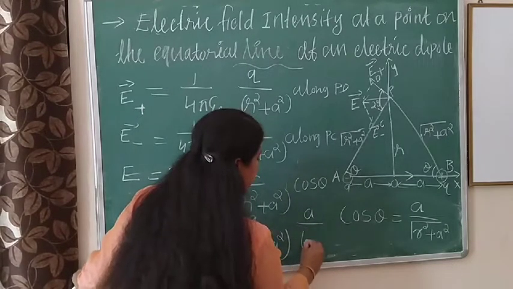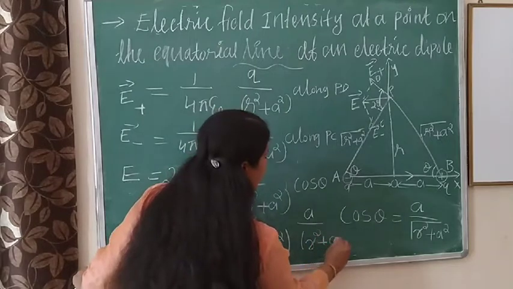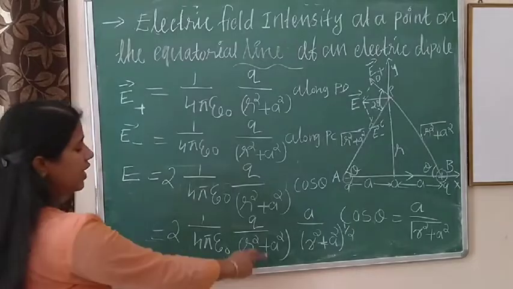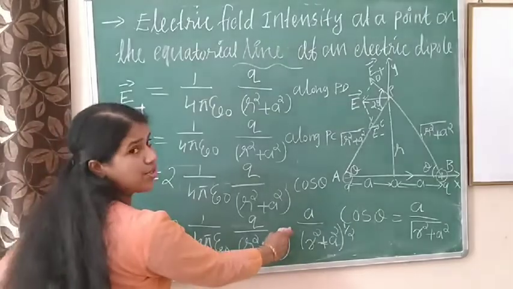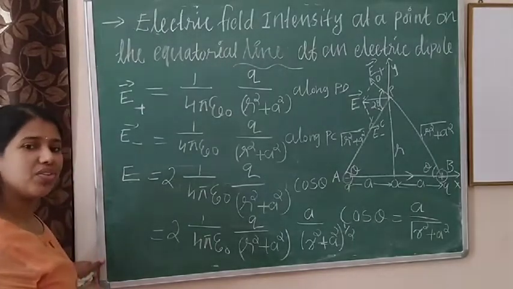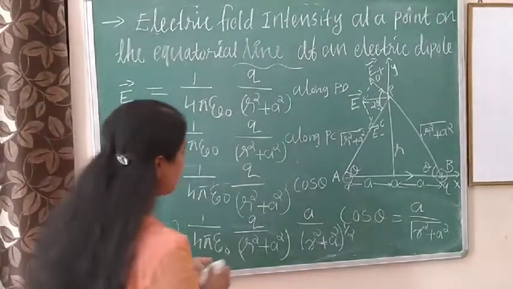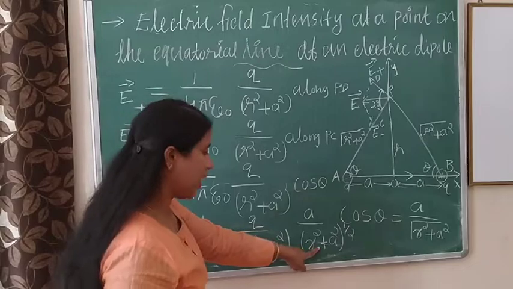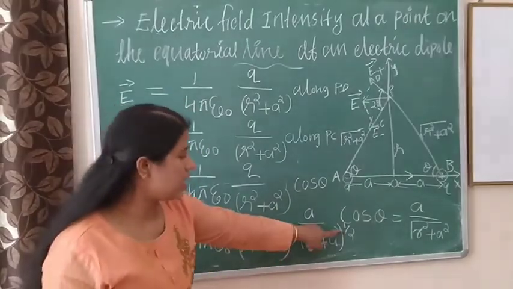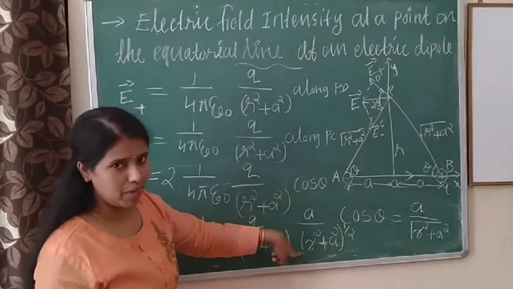Root we can change to (R² + A²) raised to 1 by 2. Here is (R² + A²) raised to 1, here is 1 by 2. Then total we can write 3 by 2. Understood? 1 plus 1 by 2, that is 3 by 2.